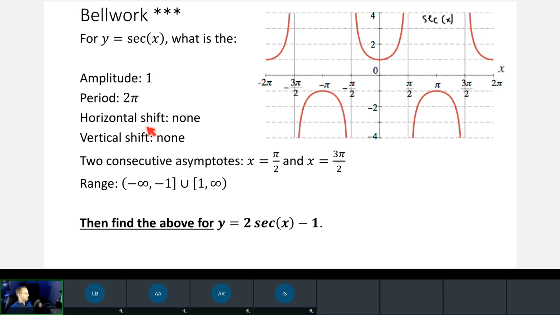All right. Anyway. Also, with that said, I have asterisks next to the bell work. Usually when I put stars or asterisks, especially in the titles of slides, it's kind of important. In this case, it's important because this is going to help you on your TGA for this unit, which is Tuesday.